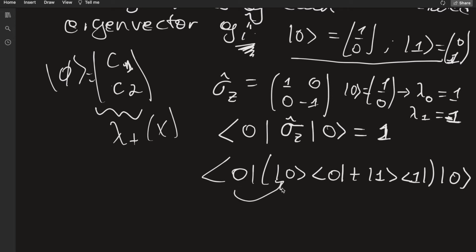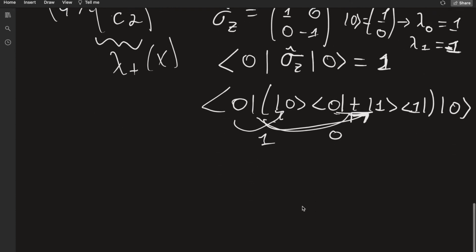And then we do the inner product first. So this would just be 1, and this with this, distributing, is going to be 0 because they're orthogonal. So we expect to have 0. Okay, all right. So that's that.